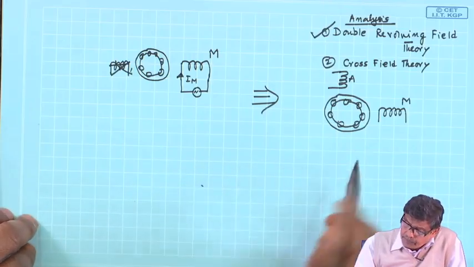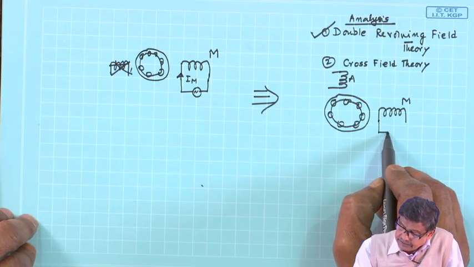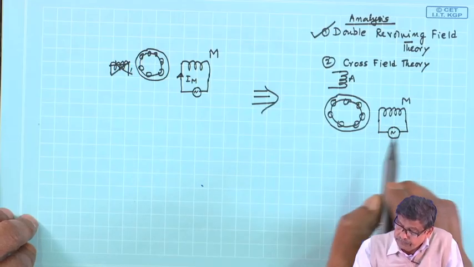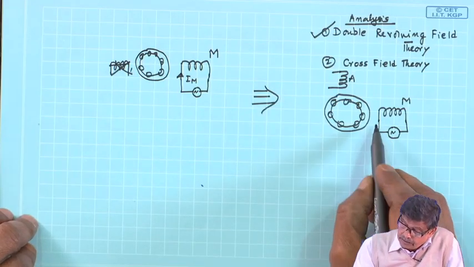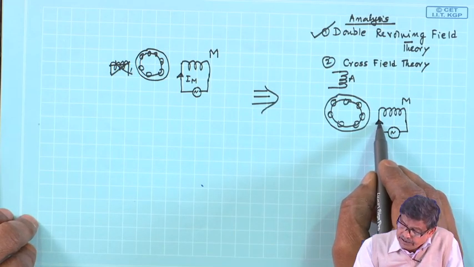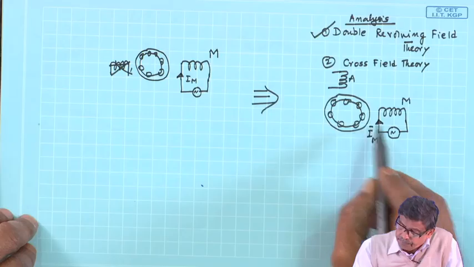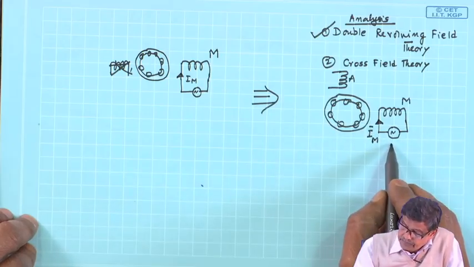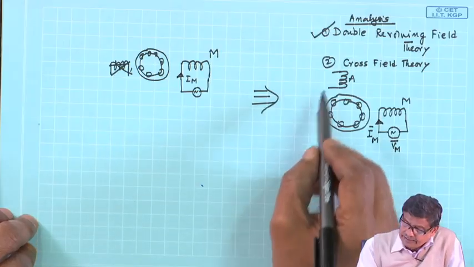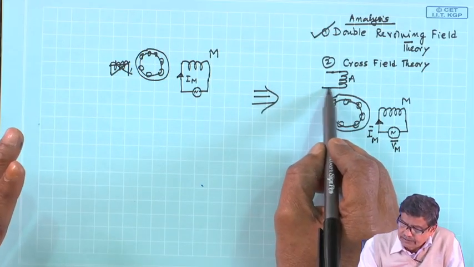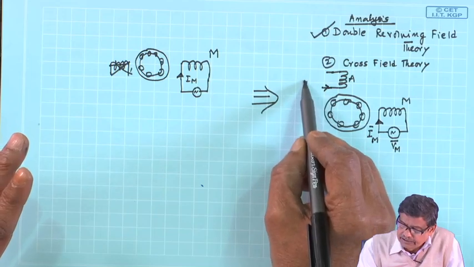Now, if you connect here an AC source, this winding will carry a current of I m, V m is the supply voltage, and this winding, since I have not connected anything, that means I a is 0.